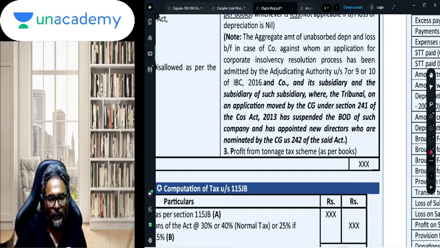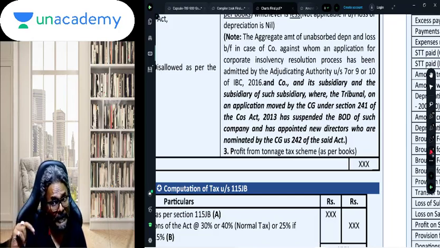Students, over here, if you see and finally conclude, what was the question I was talking about? In that particular question, ICI has brought forward business loss and UAD of 2 years as per the books. And obviously, brought forward business loss as per the books was lower compared to the UAD in both the years, as per the data they have given.